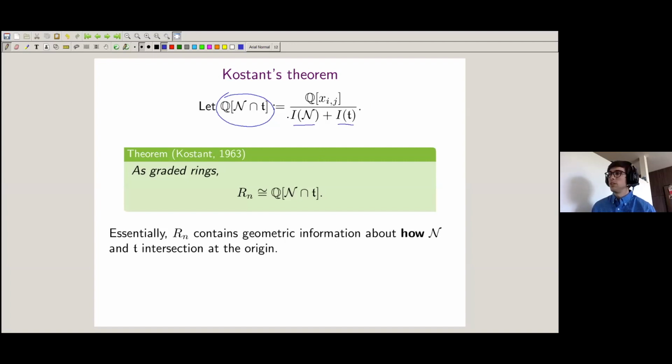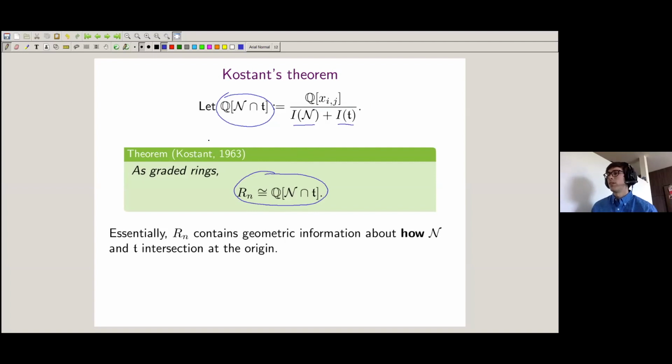So usually when you're taking the defining ideal of a variety, you have to put a radical here. So I'm saying don't take the radical. Instead, just quotient out by the sum of those ideals. And he proved that Rn has an alternative description as this coordinate ring.